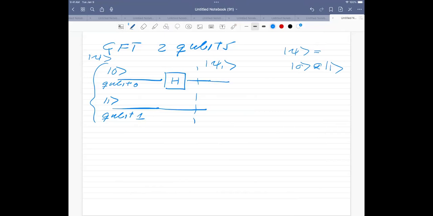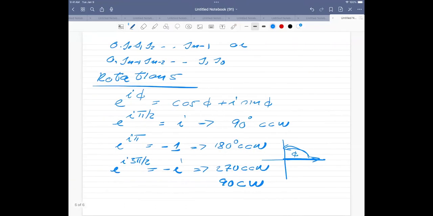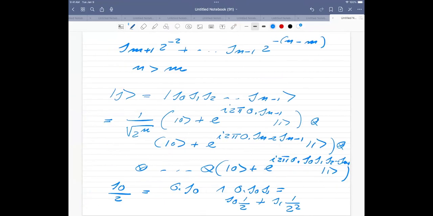And I'm going to set up these operations. When I look at the Fourier transform, I can think of qubit 0 as a control qubit. And then that means that the rotation, which I have now, because if you look at the first one, this would typically give just 0. So you would have e to the 0, which is 1 here. So you have 0 plus 1, which is a Hadamard gate.